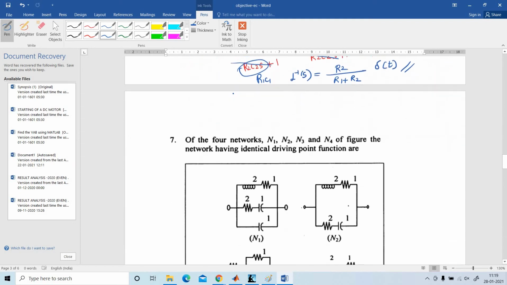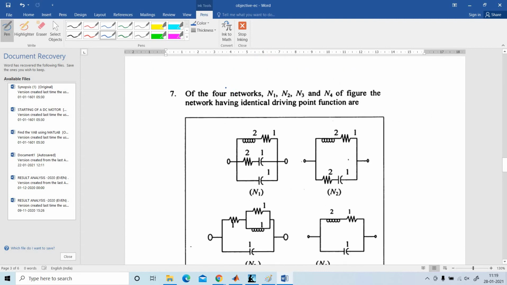And next problem. Of the four networks N1, N2, N3, N4 of the figure, the networks having identical driving point impedance are, first of all, N1. In N1, here this is 2s plus 1, and here 2 plus 1 by s, that is in parallel with 1 by s.